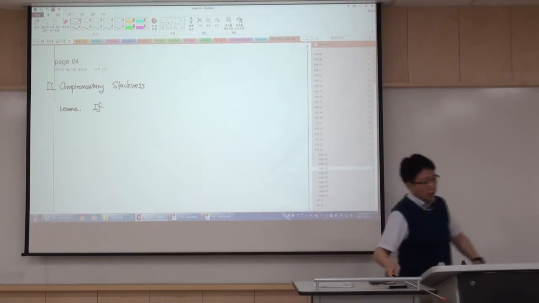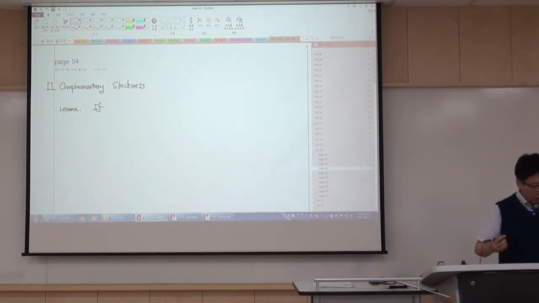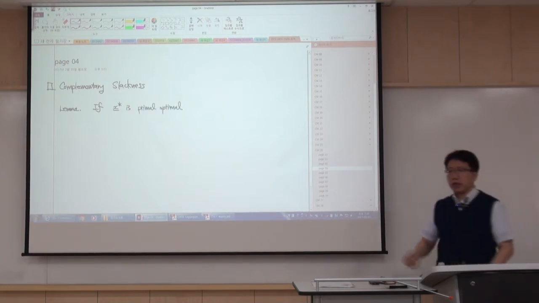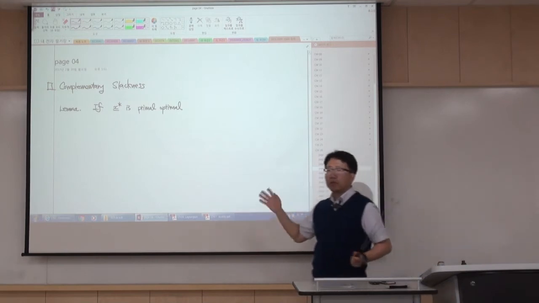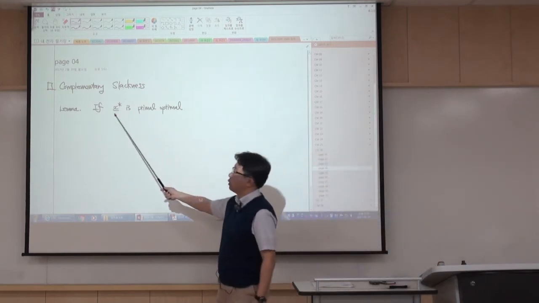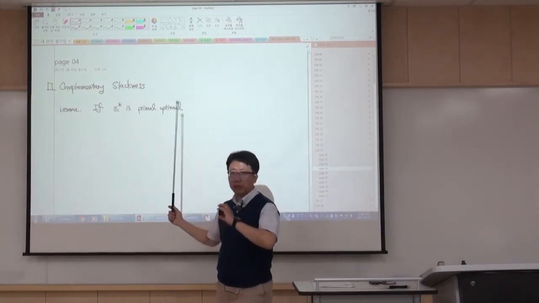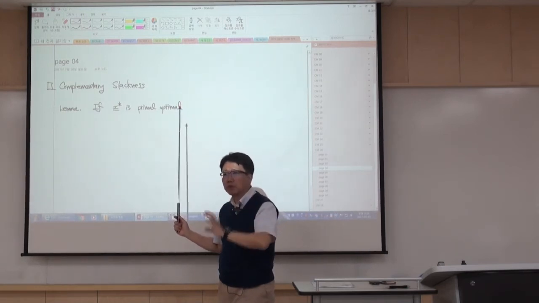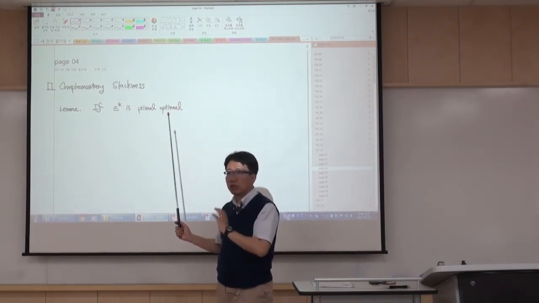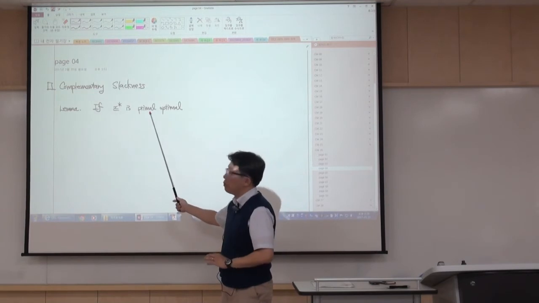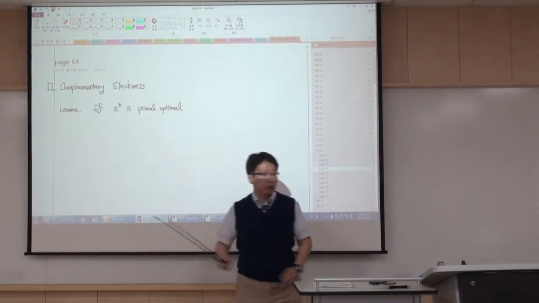So complementary slackness also has such a statement, and the statement is like this: if x star is primal optimal. What does that mean, by the way? This x star is an optimal solution, one of the optimal solutions of the primal optimization problem.